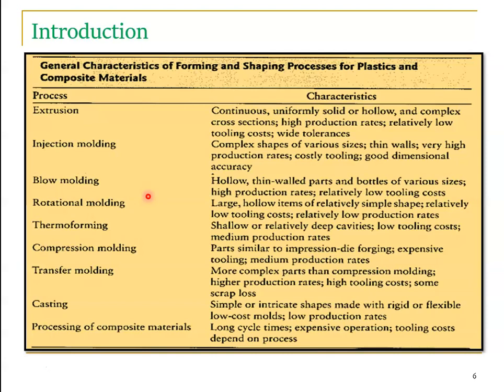Similarly, casting makes simple or intricate shapes using rigid or flexible low-cost models, with low production rates. And the final one, processing of composite materials, has long cycle times and expensive operation, with low tooling cost depending on the process. These are some of the comparisons.